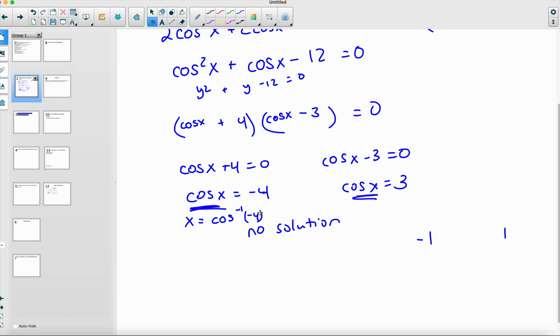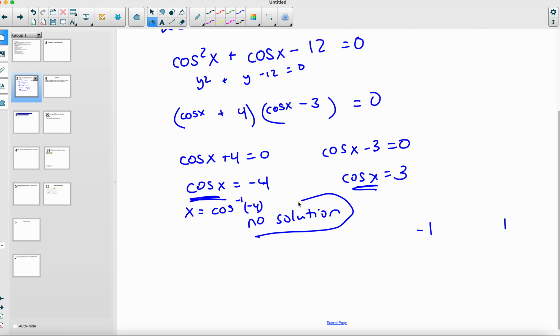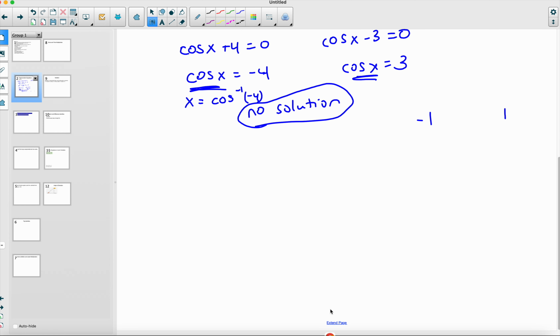There's no real solution. That's the idea for this. There's no real solution, right? Because I can't have a cosine function equal to that. If you guys plug this into your calculator, you should probably get an error message, unless you have a certain setting on your calculator. Oh, see, I have it as complex. So this one actually has no solution because of that situation.